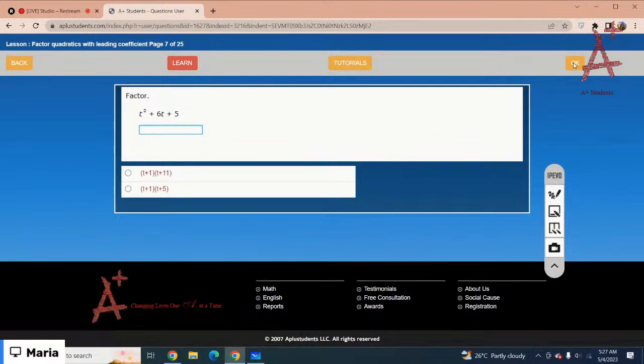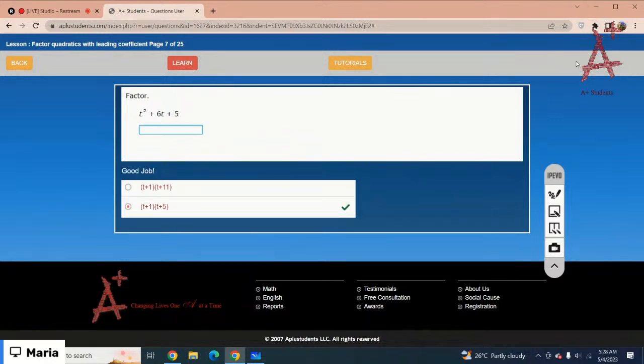So which is the correct option? It would be 5, and 5 times 1 makes 5 and 5 plus 1 makes 6.